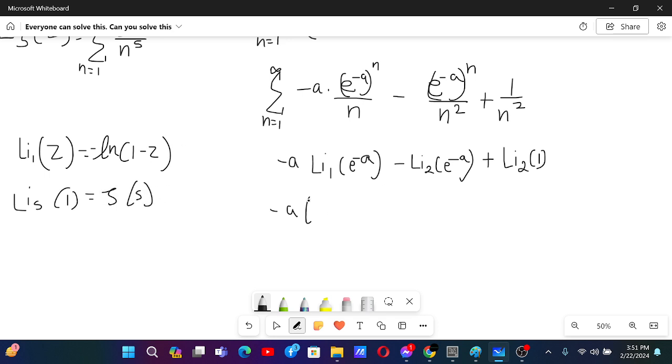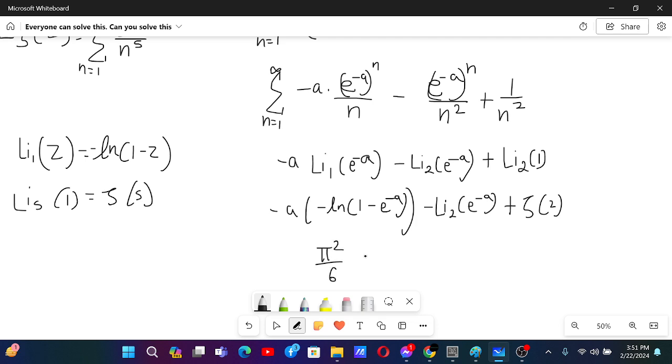First, using this first one, now this will be minus ln of 1 minus e to the power minus a, and then minus Li2 of e to the power minus a, and this will just be Riemann zeta of 2. So our answer will be pi square by 6 plus a ln of 1 minus e to the power minus a minus Li2 of e to the power minus a.